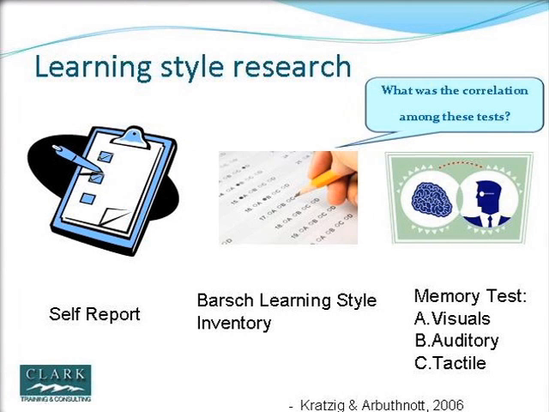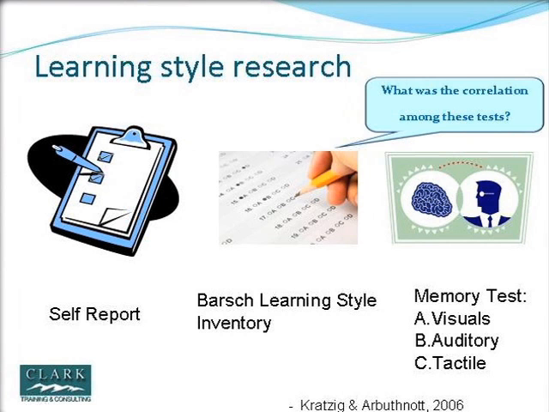So then they were looking to see, well, what is the correlation between these? Like if you say you are a visual learner, then you would score higher on the visual part of the learning style inventory, and you would do better on a visual test compared to an auditory and a kinesthetic, and so forth. So then they did a correlation among all of these different measures with these folks.